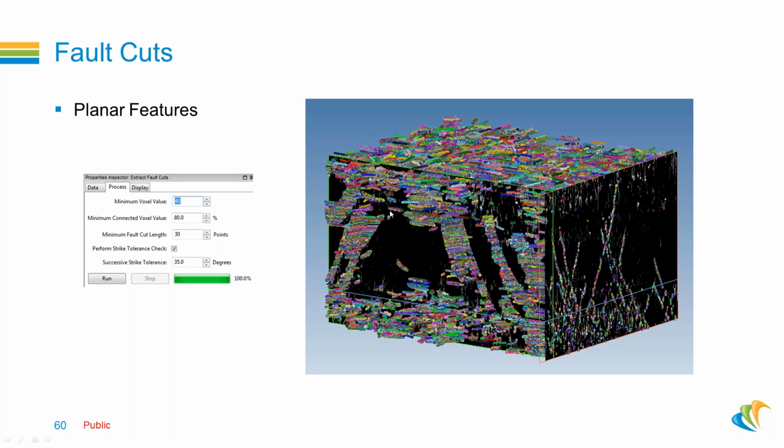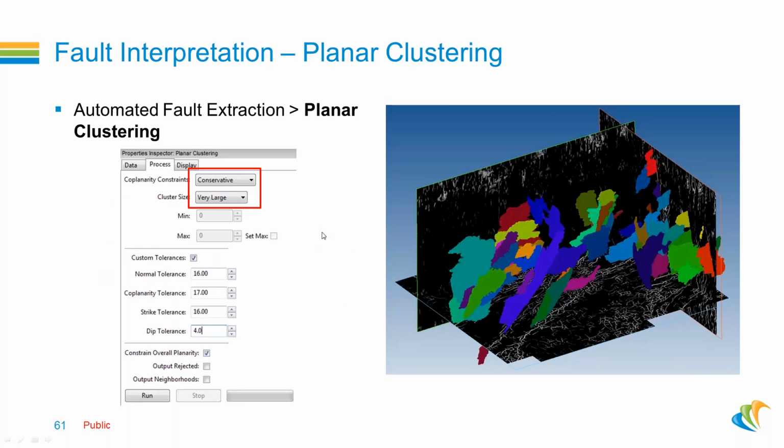This is the way we can control how much detail we will get applying this process, okay? Then the fault cuts are used to calculate the planar clustering, and you see that at this time we have something that is more likely to be a fault plane now.